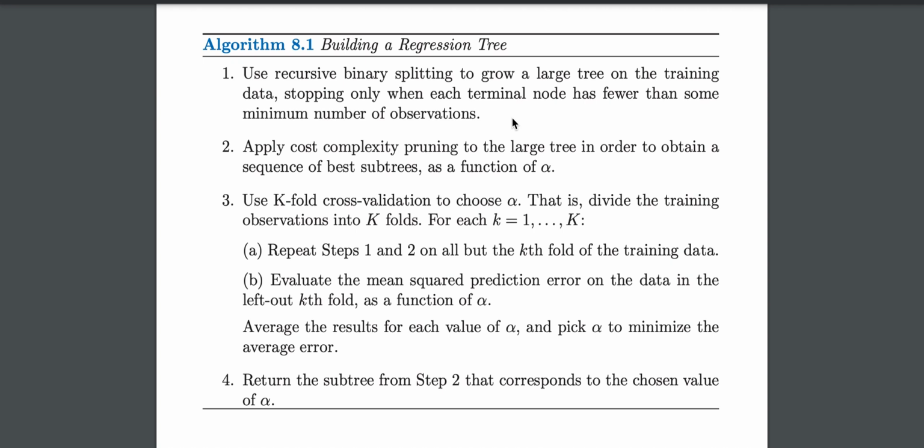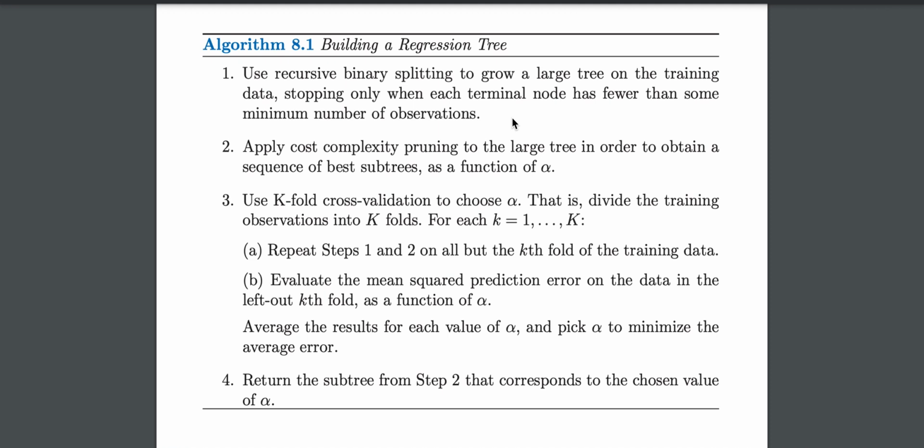And obviously, we can continue this as far as we want, even to the extreme case where the number of observations per region are just one, and then you have a perfect fit. The problem is then that this tree might be overgrown.